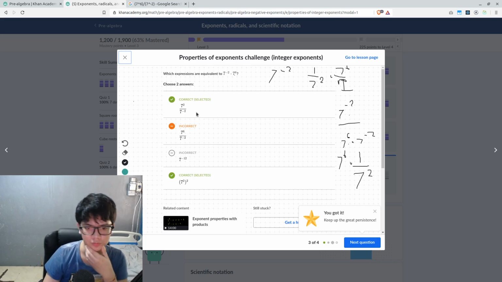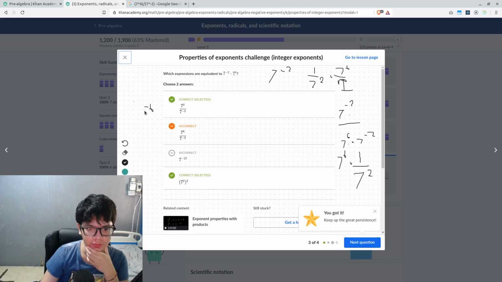Since negative 2 though. So let's do the reciprocal of that.